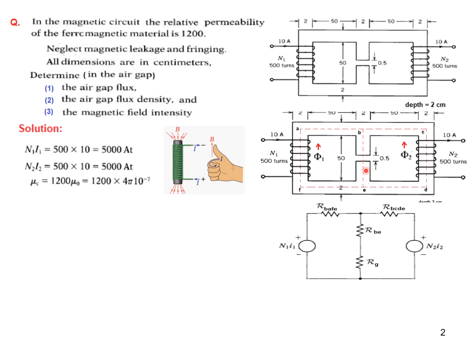Now this reluctance is shared, so it is R_BE, and then we have the air gap reluctance R_G. Now in R_BE we have to subtract this 0.5. Anyway, this is the electrical circuit, and now it should be very easy for us to solve this.